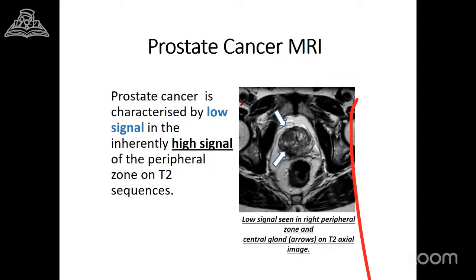On this axial T2 image, there is a focal low signal lesion seen in the right peripheral zone, as well as involvement extending toward the central gland, as indicated by the arrows. This contrast between the dark tumor and the brighter normal peripheral tissue helps in identifying suspicious lesions on MRI.